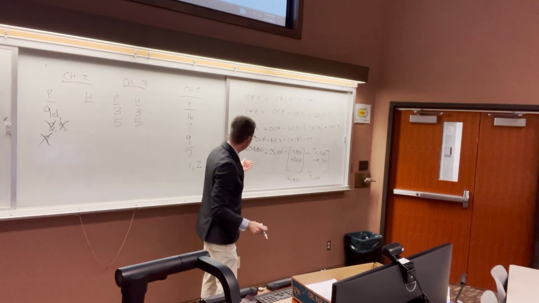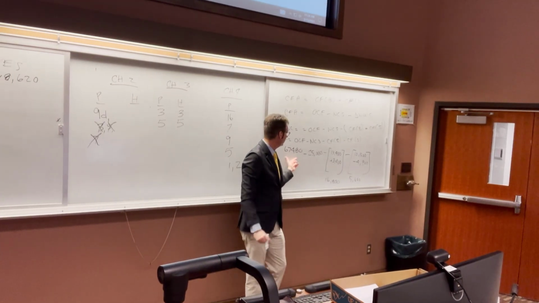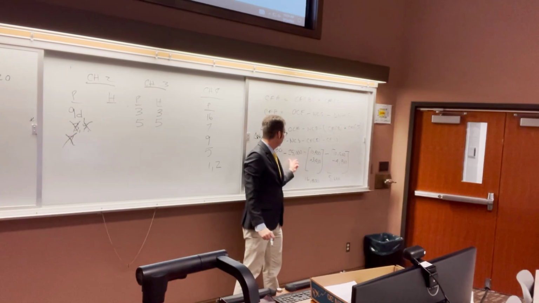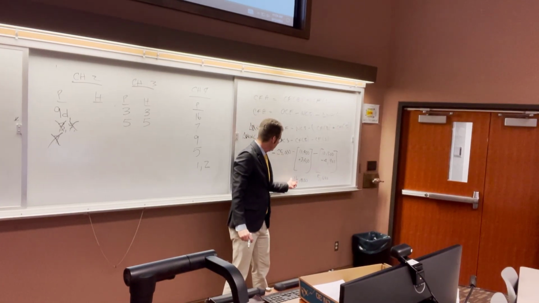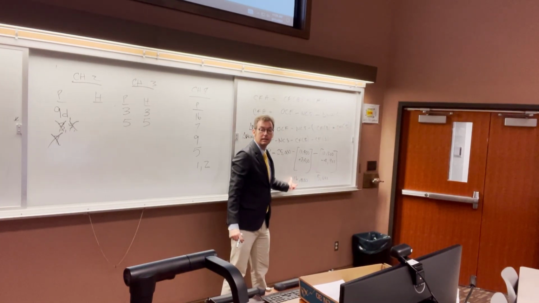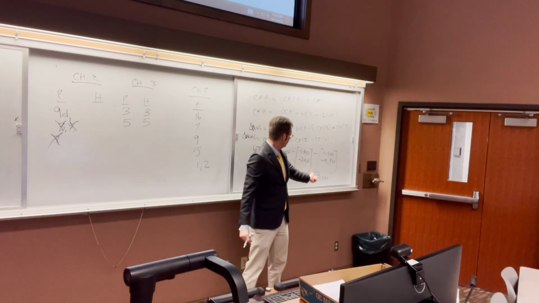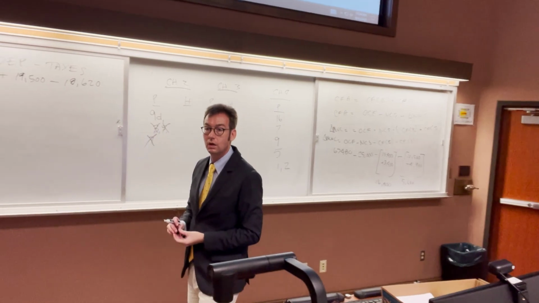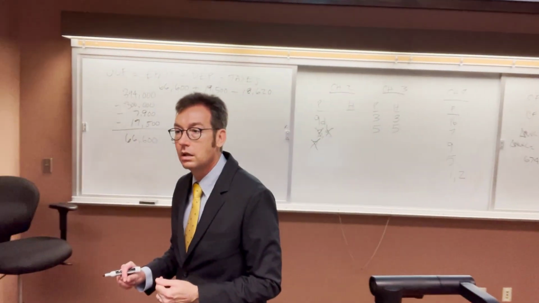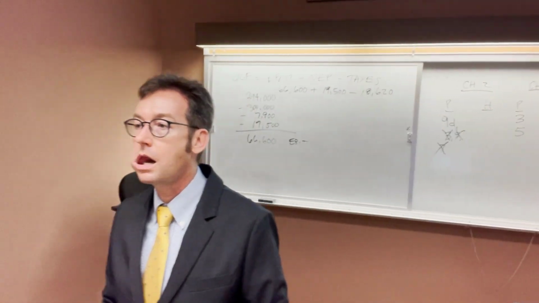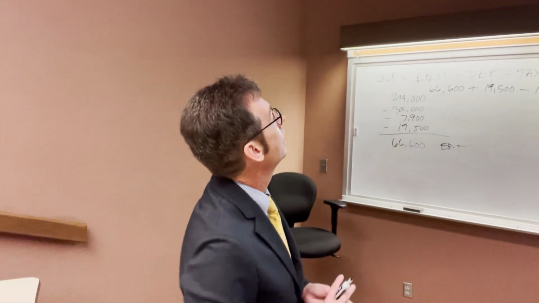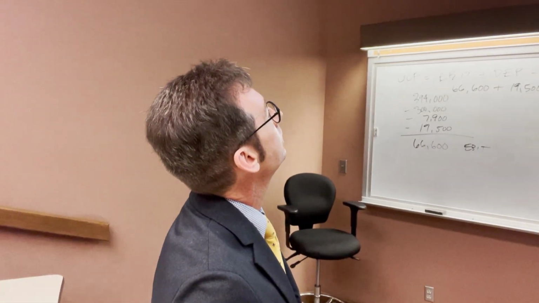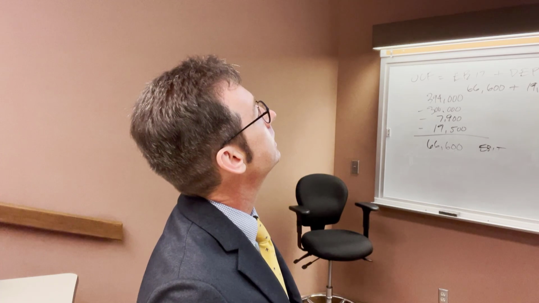Okay, can someone please take 67,480, subtract 25,000, subtract 16,800, and subtract 5,600? Do we need to add depreciation to the increase in net fixed assets for net capital spending? Oh, you're right.